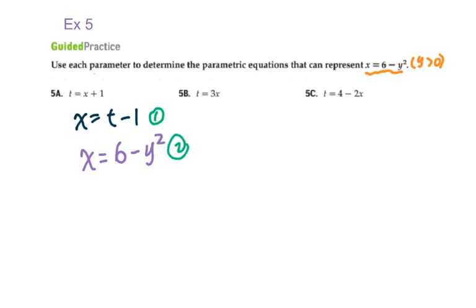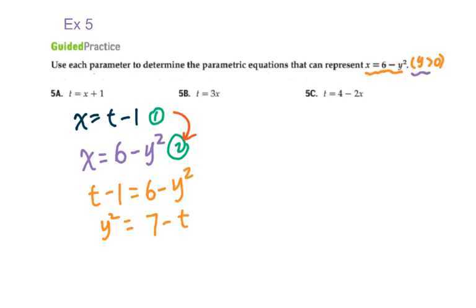So we plug the first equation into the second equation. We got t minus 1 equals 6 minus y squared. Therefore, y squared equals 7 minus t.